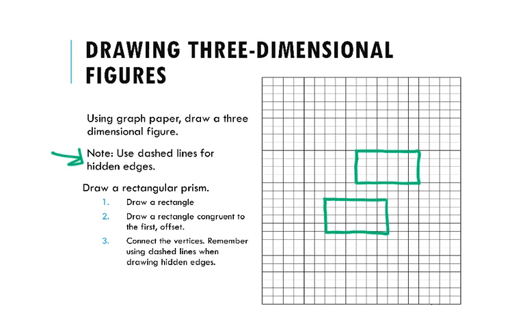and then I'm going to have to remember to use dashed lines when drawing hidden edges. So if I'm looking at this right on, this line here I can clearly see, and this line here I'm clearly going to be able to see. Now this back edge right here, that one I can't clearly see typically.